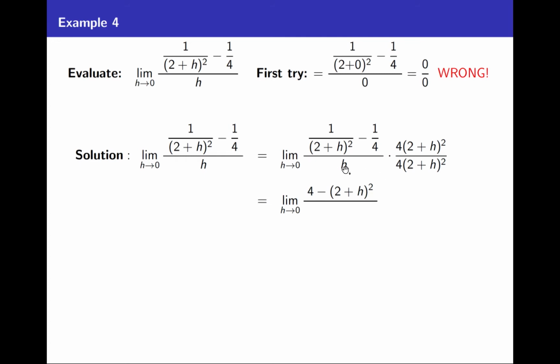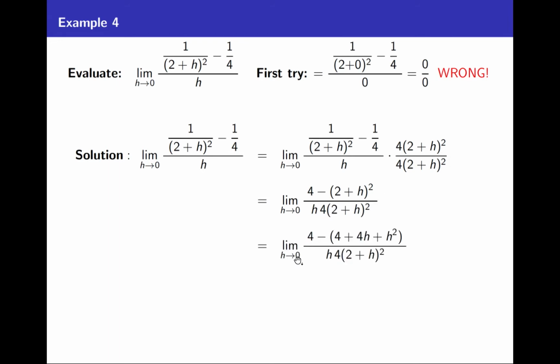Now on the bottom, we're just going to multiply these terms, h times 4 times (2 plus h) squared. We're not going to FOIL anything out or multiply through on the bottom because we want to leave that h factored. We're hoping to cancel it. Now, does it cancel with something on the top? Well, let's see. We may have to FOIL out the (2 plus h) squared first.